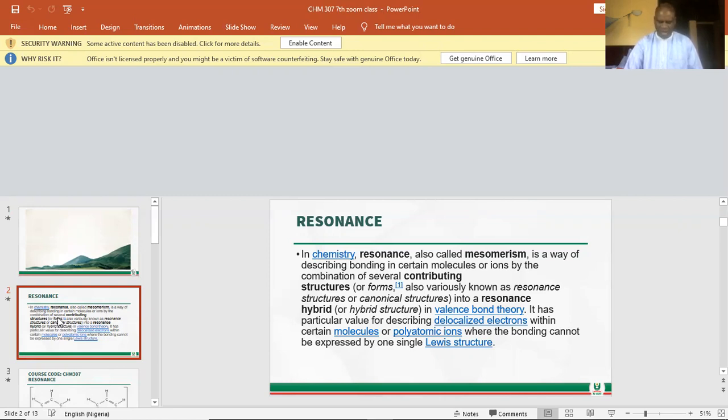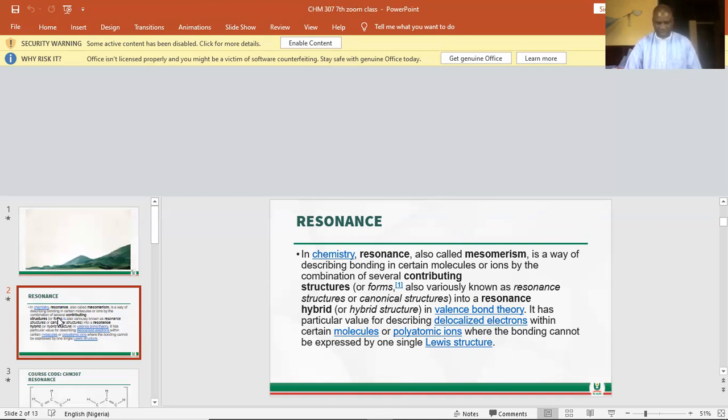Resonance is a key component of the valence bond theory, used to graphically represent and mathematically model certain types of molecular structures when no single conventional Lewis structure can satisfactorily represent the observed structure or explain its properties.